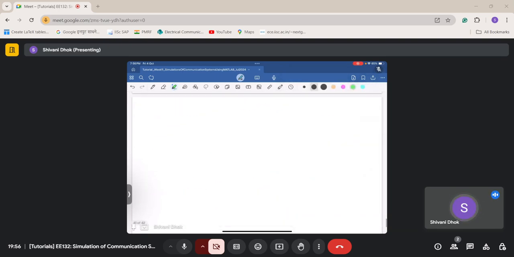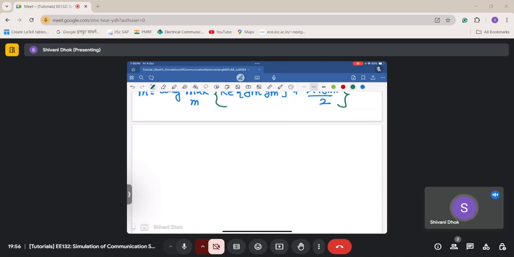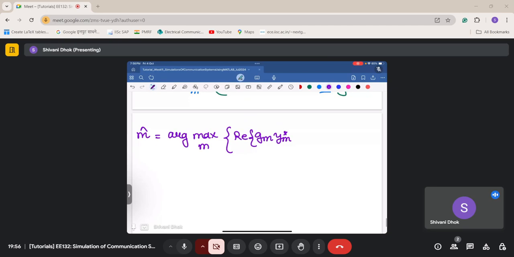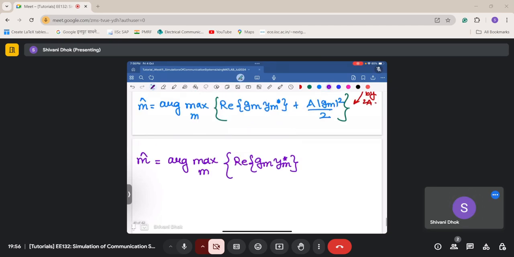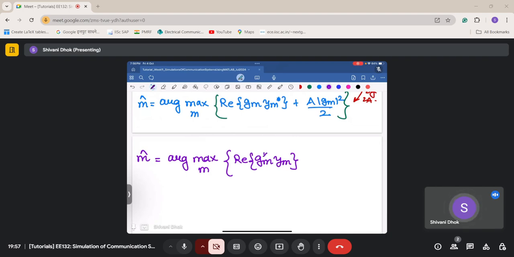Now an important thing to note here: this is a coherent detection rule. So let me write it again. m hat is equal to argmax over m of real part of ym gm conjugate, or we can also write it as gm ym conjugate. Nothing changes since it is a real part.